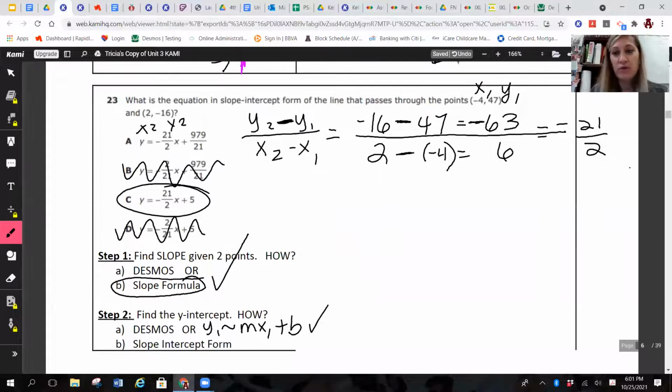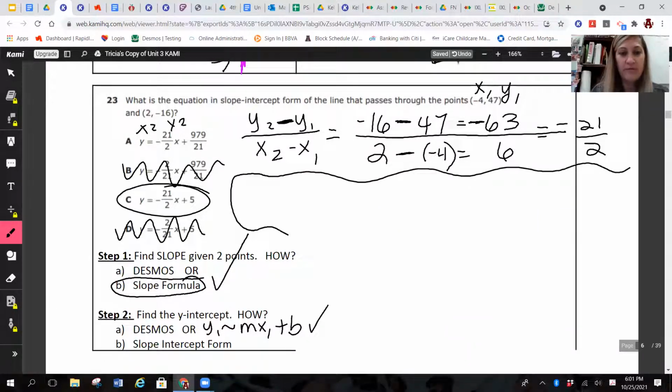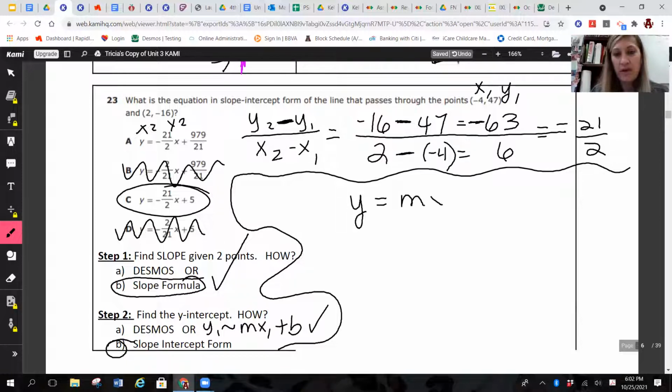So I'm going to finish the remaining of this problem by hand. We already know the answer is C, but now I'm going to use slope-intercept form. Y equals mx plus b. When I use slope-intercept form, I have to pick a point. I'm going to pick this point. It doesn't matter which point I pick, I just pick it.